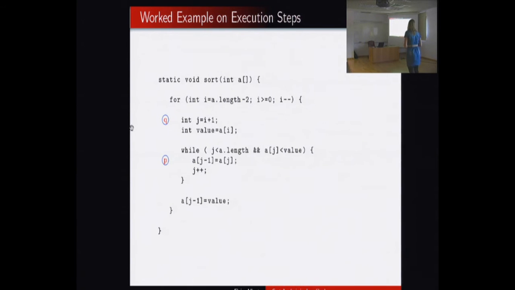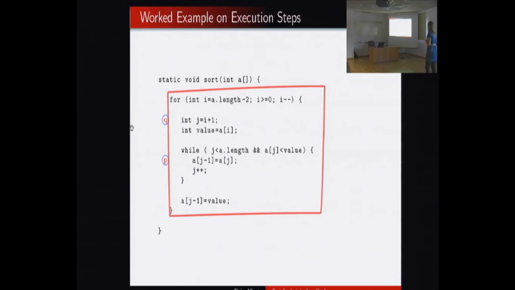So let's start to see how these two phases work and how we do the cost analysis in our case using our system. And we're going to work on this small example all the time. It's a method which sorts the elements of an array of integers. And as usual, we have two nested loops. In the first loop, we traverse the array from the last position until the first one.